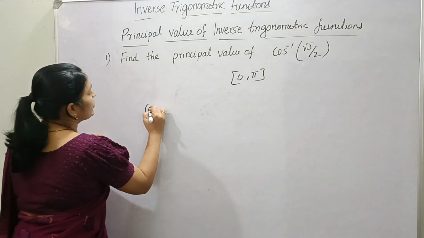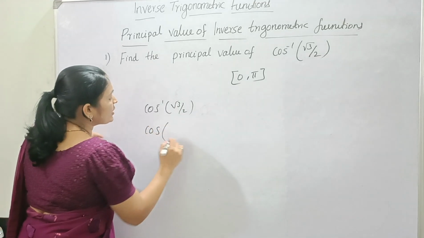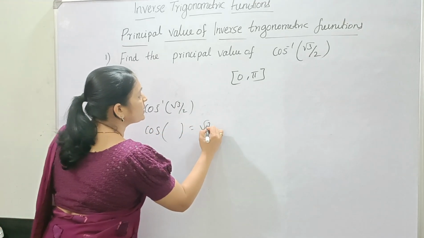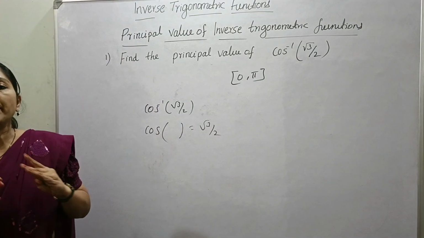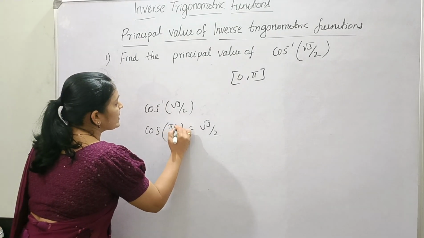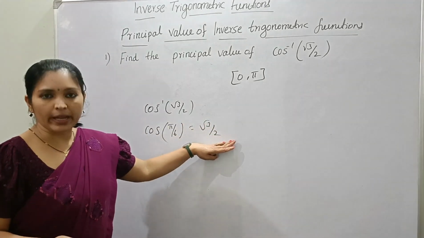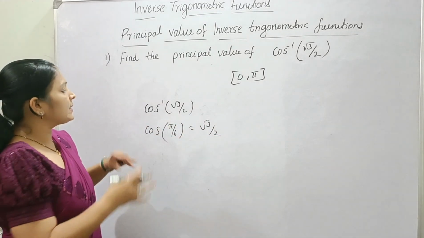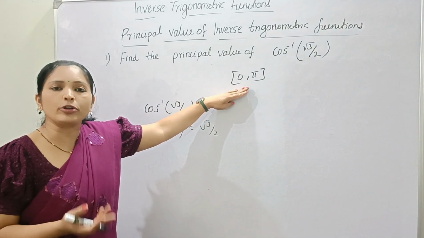What does it mean? Cos inverse of root 3 by 2 means, see, cos of which unknown angle is root 3 by 2. From the trigonometric table, we have cos pi by 6 is root 3 by 2, right? Cos pi by 6, that is cos 30. So cos 30 is root 3 by 2. And let us check whether this pi by 6 belongs to 0 to pi or not.